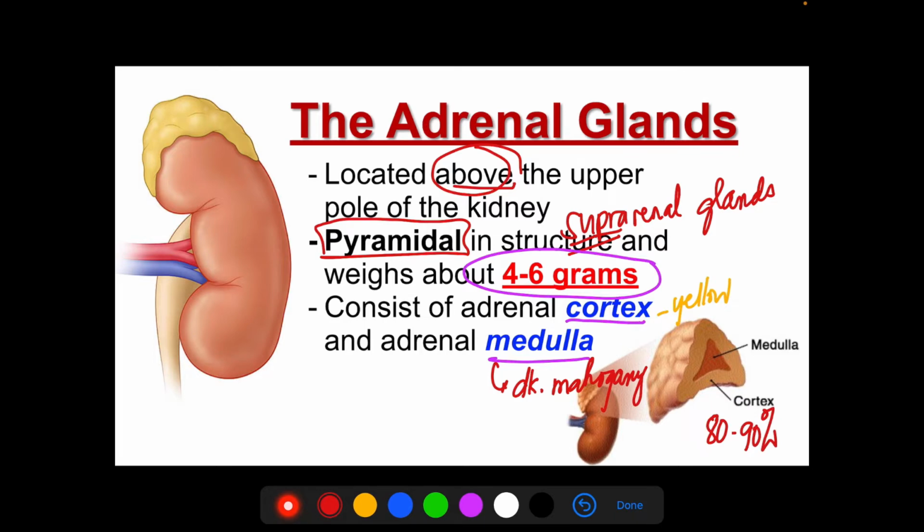Another thing you have to remember is that the medulla is of neural crest origin, which is ectoderm, and this medulla stores and secretes your catecholamines.